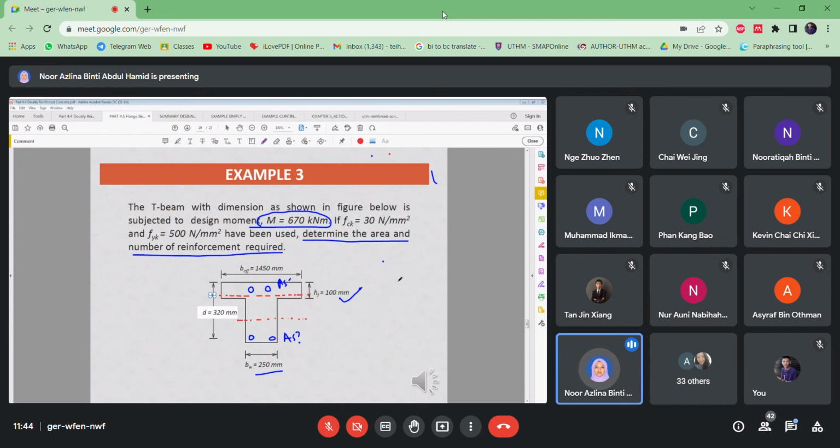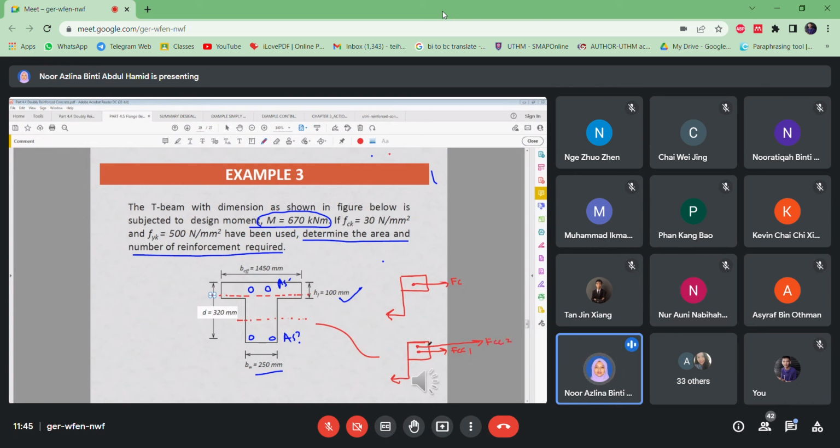Kalau in the flange, so dia punya force diagram only have FCC. Kalau in the web here, there will be two compression forces, right? Which is FCC1 at the center of the block here, and another one at the center of the HF thickness, there will be FCC2.